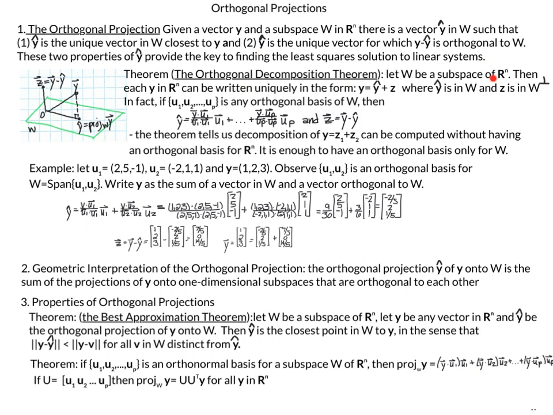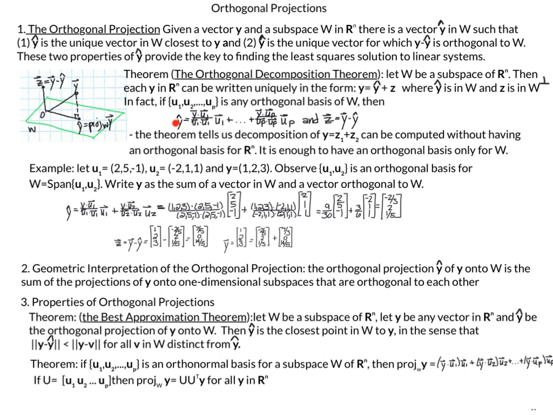So let W be a subspace of Rn, then each y in Rn can be rewritten uniquely in the form y equals y hat plus z. So y is a sum of this y hat in W and z, which is in W perp. And once we have an orthogonal basis for W, the orthogonal decomposition theorem gives us the formula for y hat.